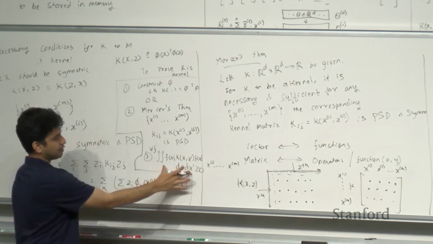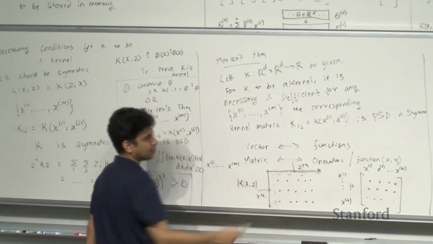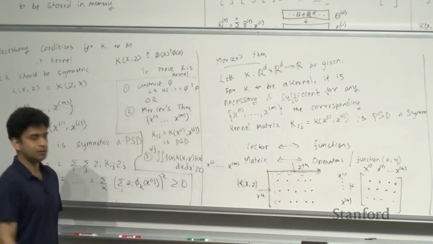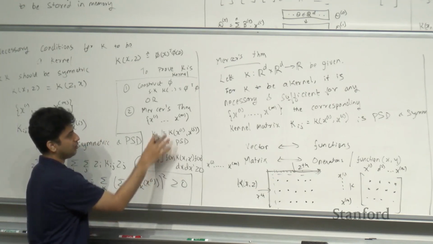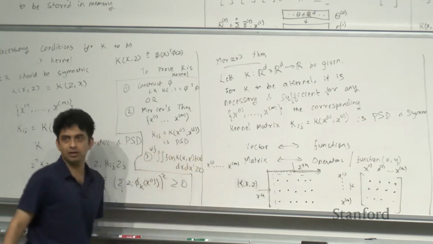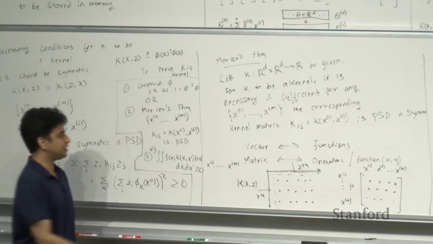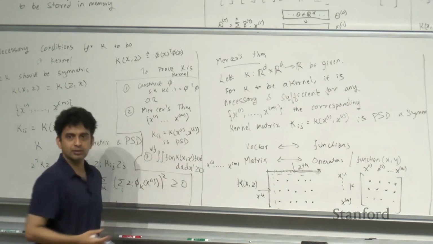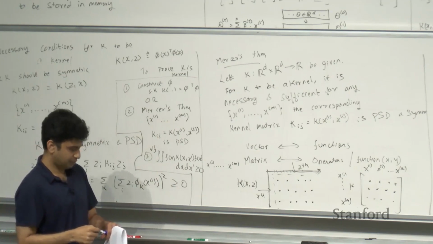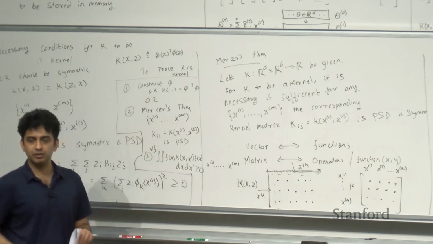So this is basically saying this infinite dimensional matrix is positive semi-definite, and the other is saying a submatrix is positive semi-definite, and Mercer's theorem basically tells us that this will hold true for any submatrix. It's basically a statement saying any submatrix of a positive definite matrix is also positive definite.